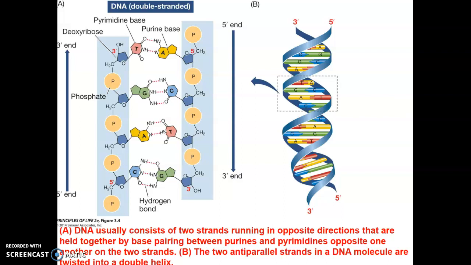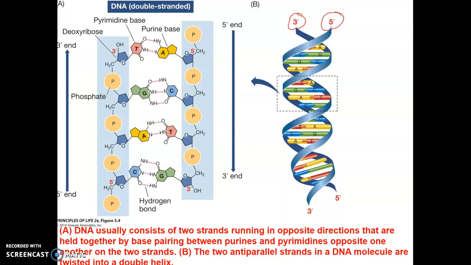So we found that the strands consist of two strands running in opposite directions that are held together by base pairing between purines and pyrimidines opposite one another on the two strands. So you can see when you're looking at a strand, one side will have the 3' carbon facing up. The other strand will have the 5' carbon facing up. So they're kind of flipped of each other.